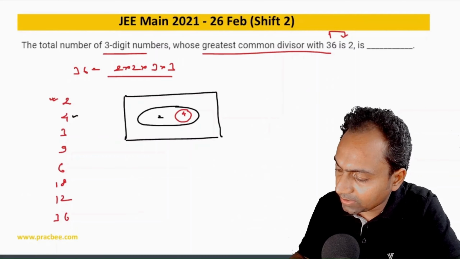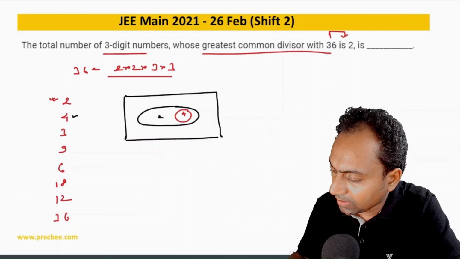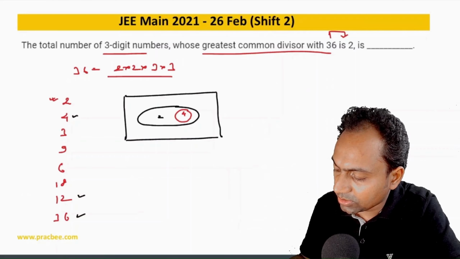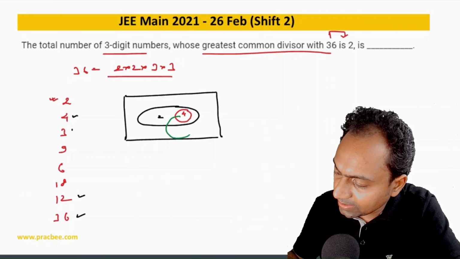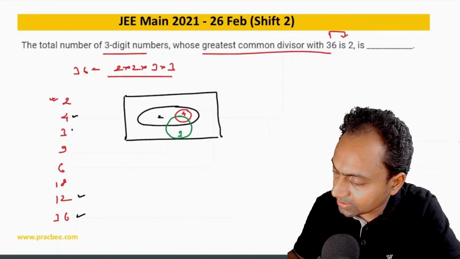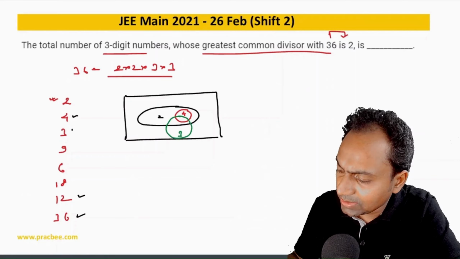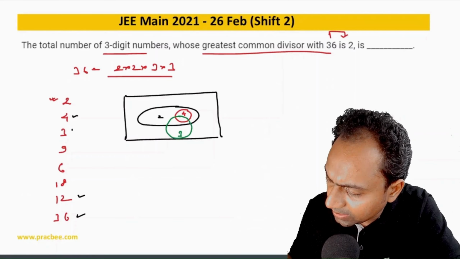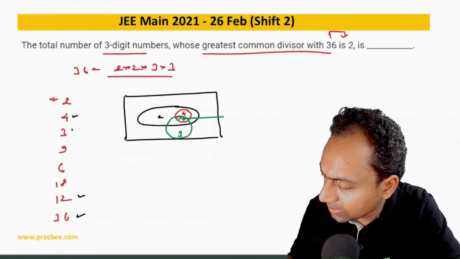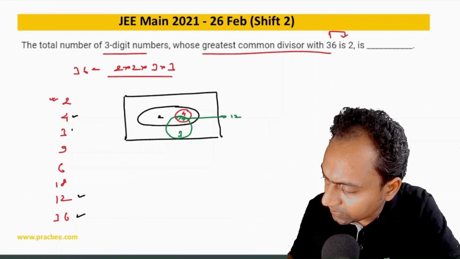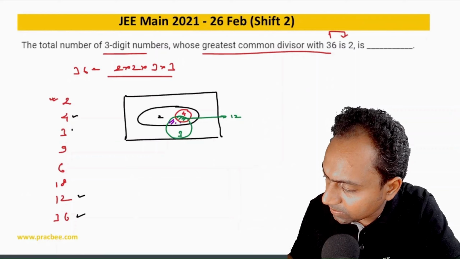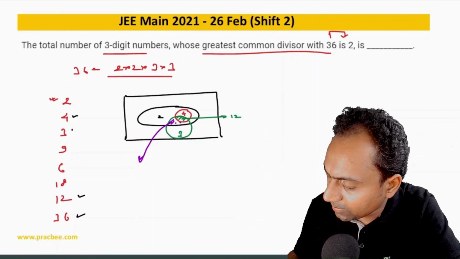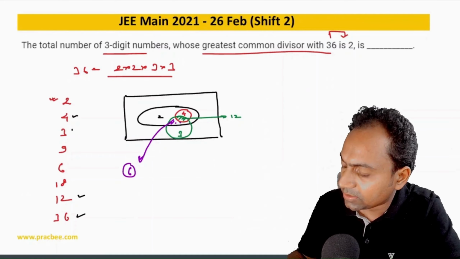So by covering this, we have covered 12 also, 36 also. There is no problem. So if I consider 3, then we are going to get a set like this. This is the set of 3. And you can see that this set of 3 will have an intersection with this 4, and these are nothing but multiples of 12. And then we have this other small part, and these are nothing but multiples of 6. This is what we are talking about.